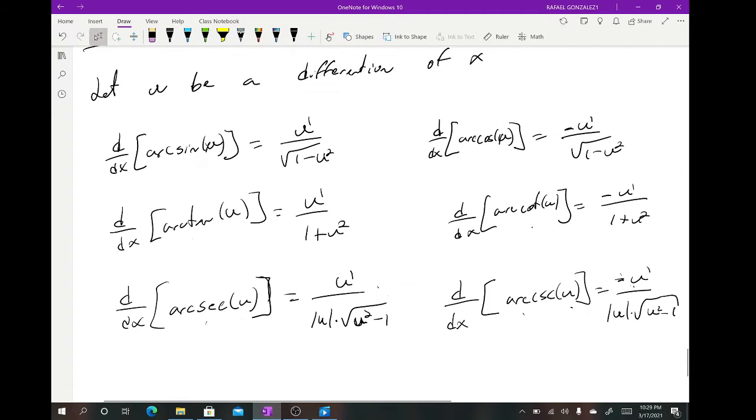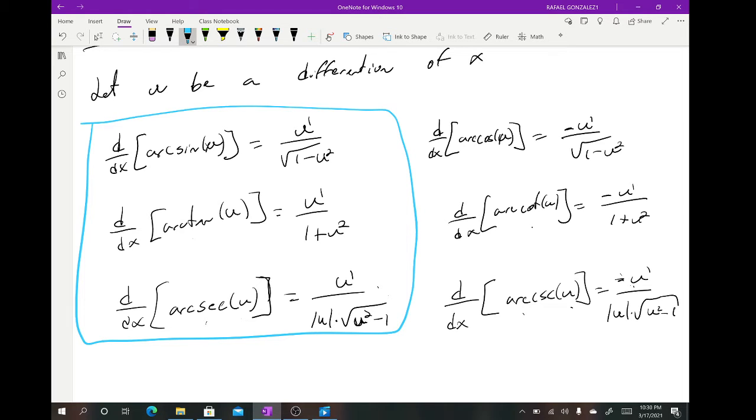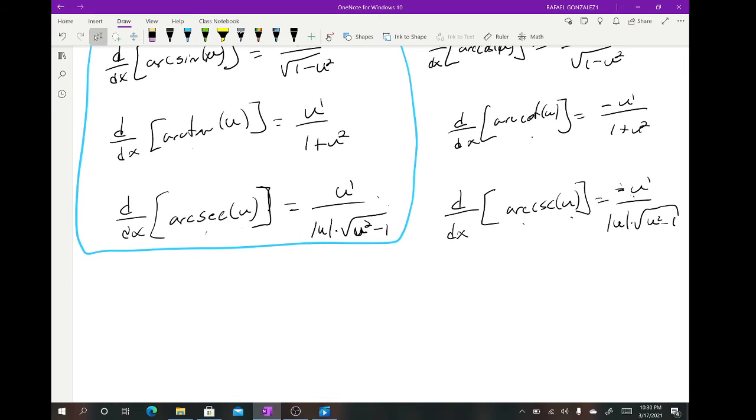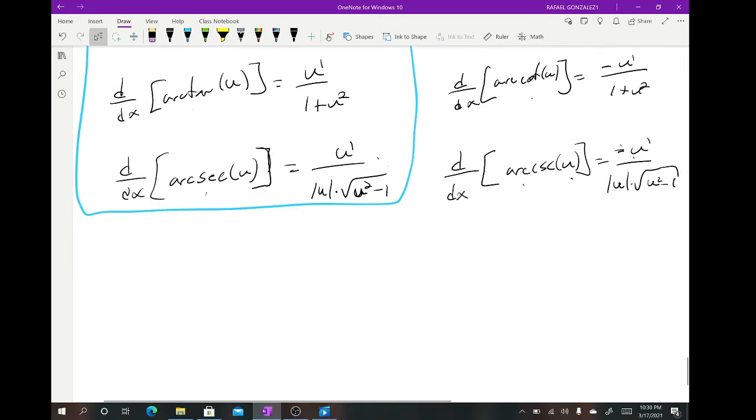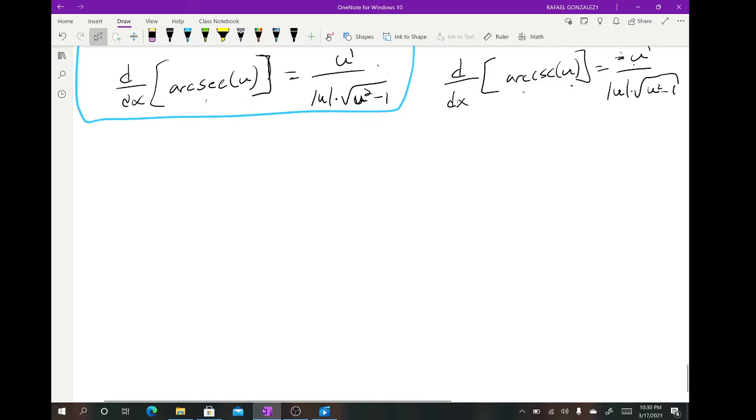So that makes it actually easier to memorize, because if you memorize, let's say, just the left side, it's only 3 to memorize, and then you know that the corresponding ones on the other side just have a negative sign up front. They kind of always come in pairs.